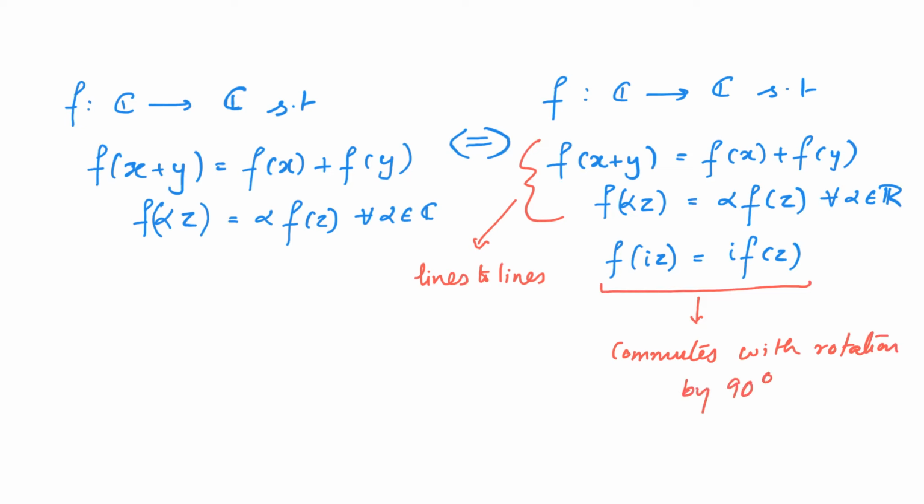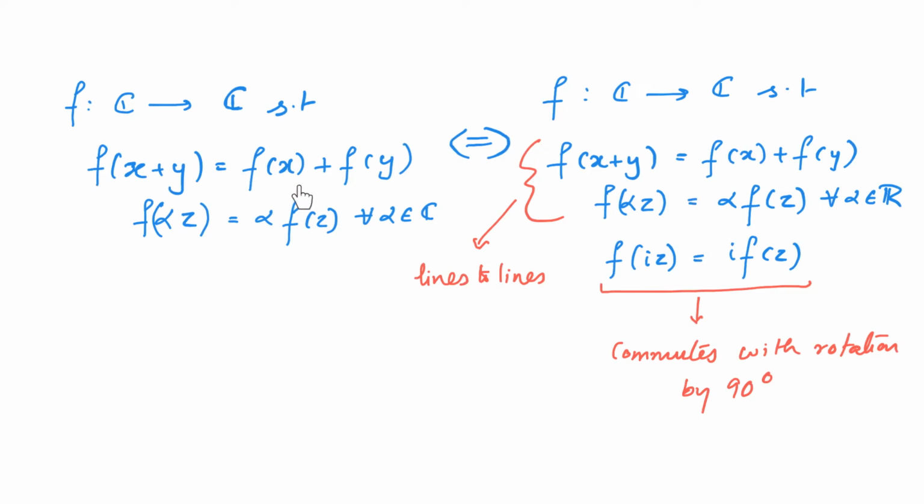In other words, whether you first rotate by 90 degrees and then act the function, or you act the function and then rotate by 90 degrees, you should get the same answer. Now observe that reflection has this property that if you first reflect and then rotate, or first rotate and then reflect, you will get different answers. And that is precisely why reflection did not satisfy this definition.